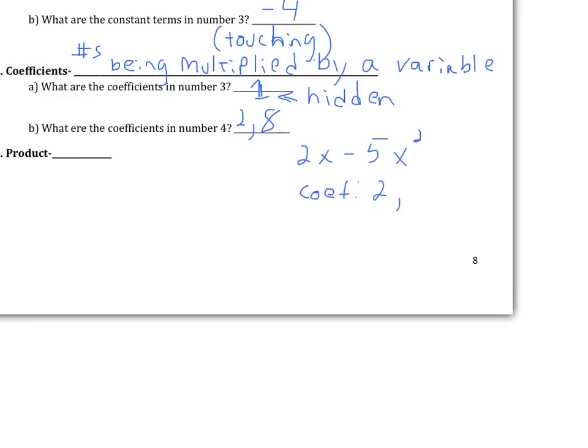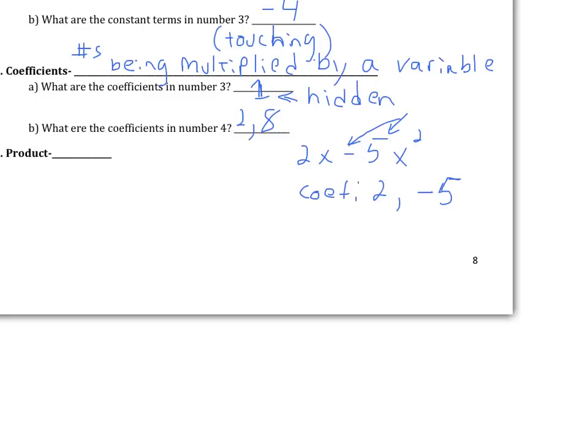We have a 2, and then we also have a... Now, here's where mistakes come in. Listen carefully. A lot of you are probably thinking 5. That's not correct. You have to take the sign with it. So what's the sign in front of the 5? Well, it's a minus, which means it's a negative 5 as a coefficient. Again, the key on that is you have to take the sign with it.